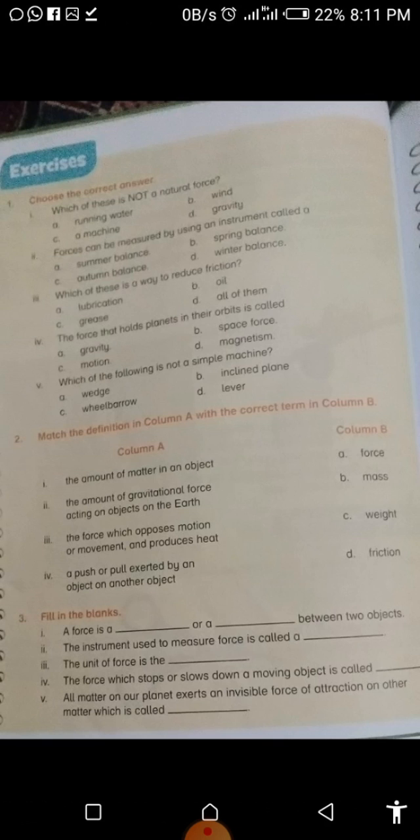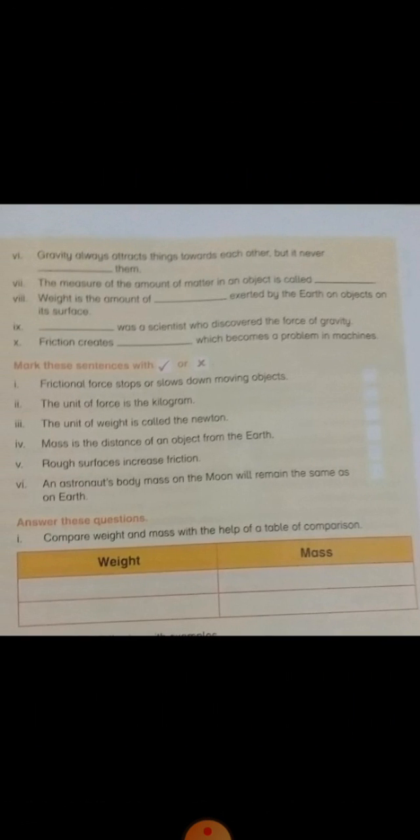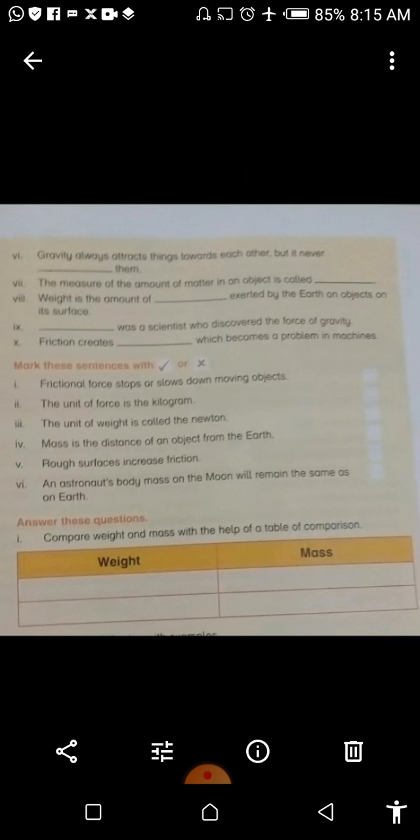Clear? And the third one is fill in the blanks. So students, you must know that you have to do the book work very neatly and very carefully with pens. Okay, then the next question is mark these sentences with tick or cross. So hope you will do it very carefully.